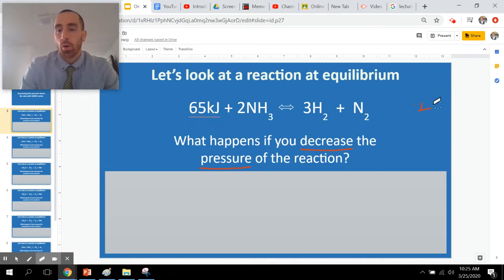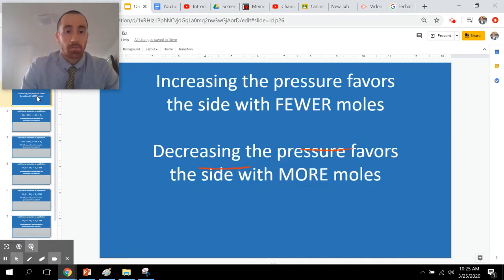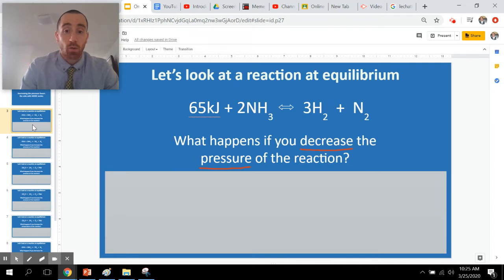So now, according to the rule, if you decrease the pressure, it's going to favor the side with more moles. So the reaction is going to favor the side with more moles. So we need to determine how many moles are on each side, and we know it's going to favor the side with more moles.